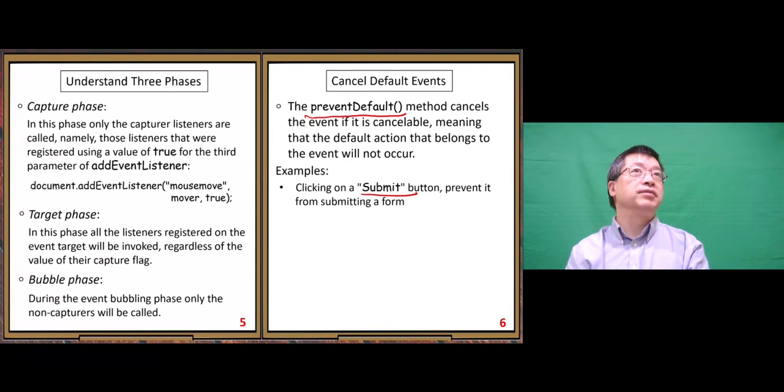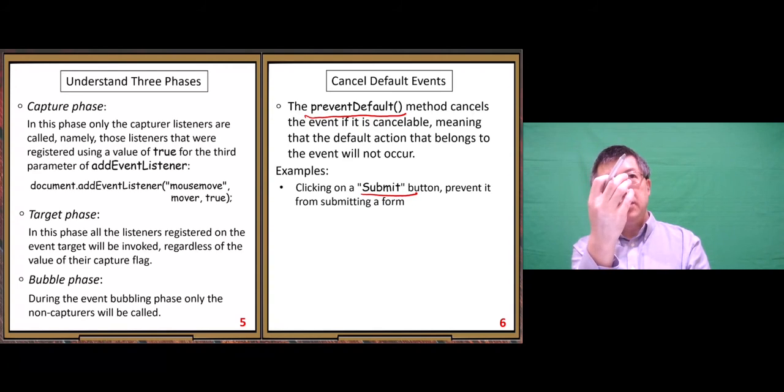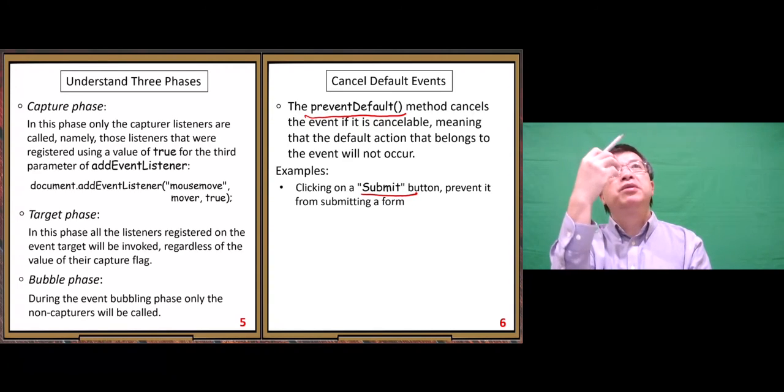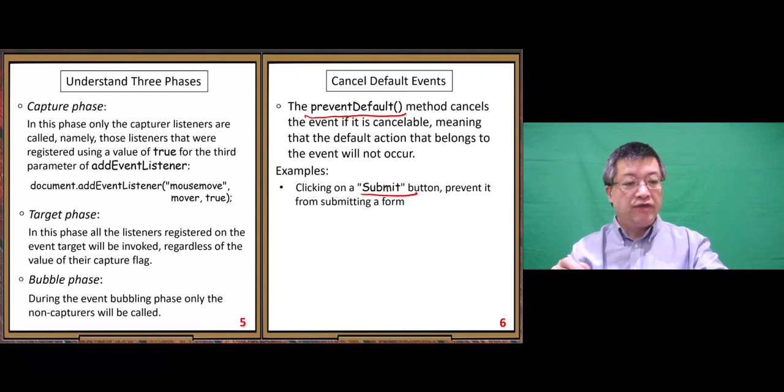Depending on your JavaScript function processing of the data, if you really need to submit it or not, you can control that. You can stop that default action if you need to. So that's the first example.